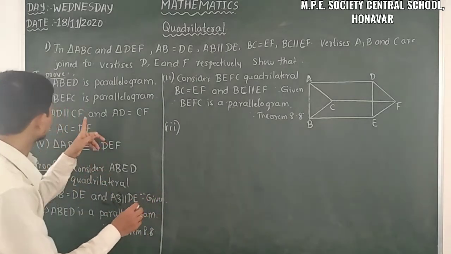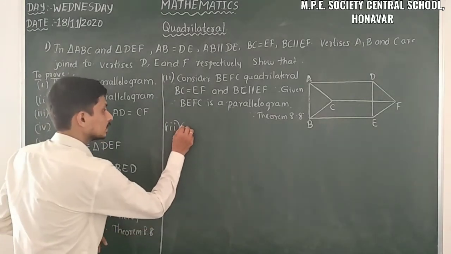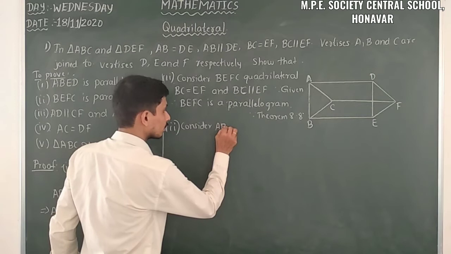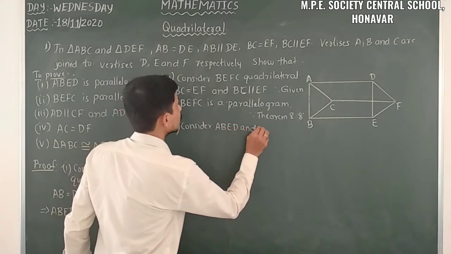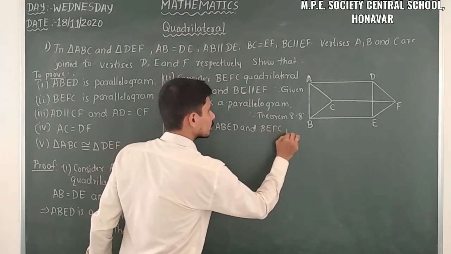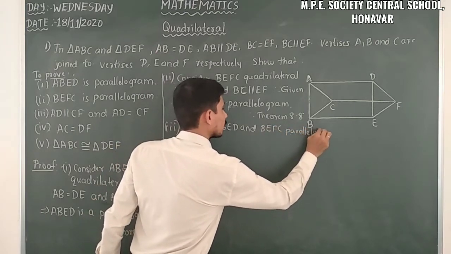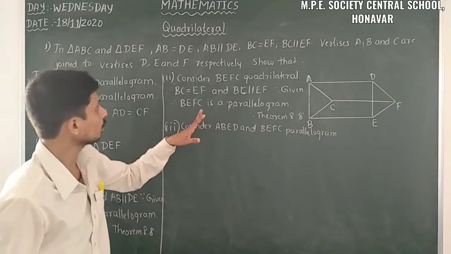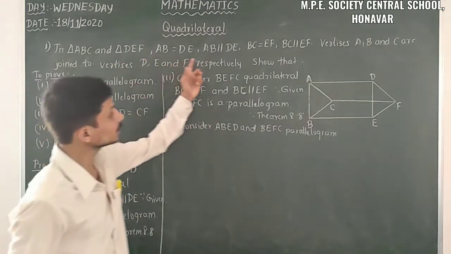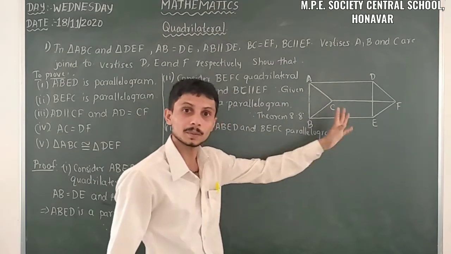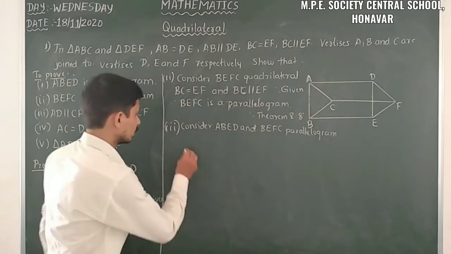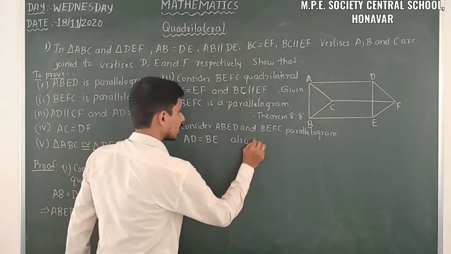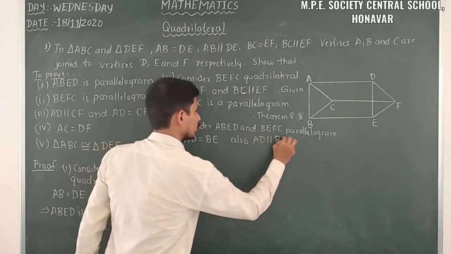What are the possibilities we can take here? Firstly, consider the parallelograms ABED and BEFC. In that, AB is equal to DE, and another possibility is AD is equal to BE, and also AD is parallel to BE.